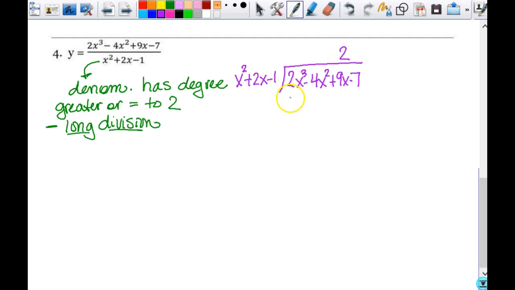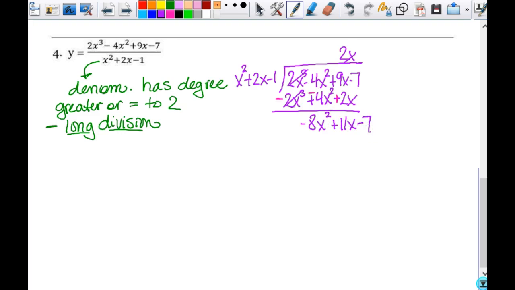This is going to give me 2x cubed plus 4x squared minus 2x. Are the 4x squareds going to cancel out? Yes or no? No, because you're subtracting. Remember, you got to go in there and change all your signs. Don't be flying through it and making ridiculous mistakes. So these do cancel out. And then this gives me negative 8x squared plus 11x minus 7.